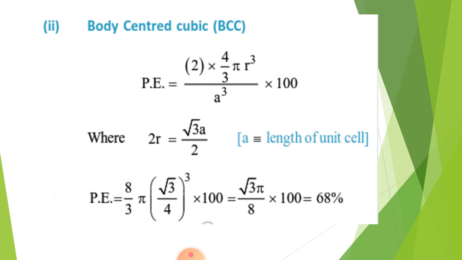That's why the total diameter of these spheres is 4r, which is known as the body diagonal, and this 4r is equal to root 3 a. Put the value of a here. We can find that the packing efficiency is 68%, which is more than SCC. That's why BCC is more stable than SCC.